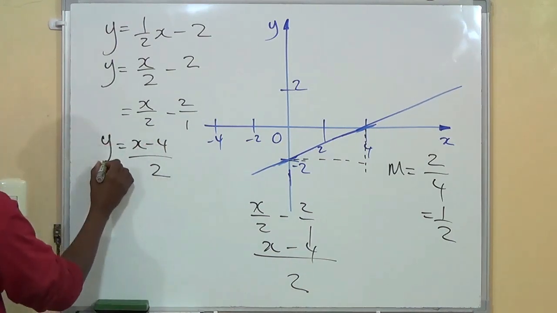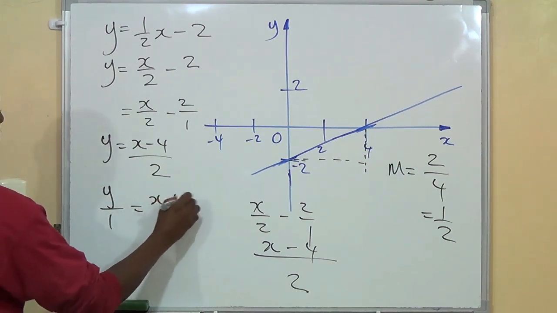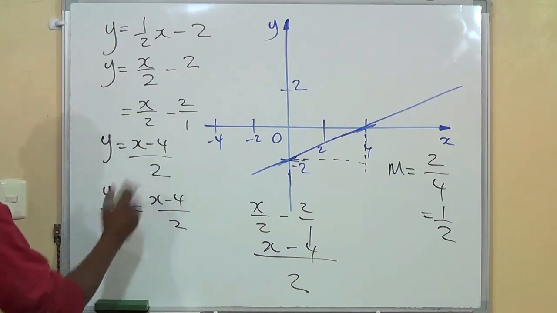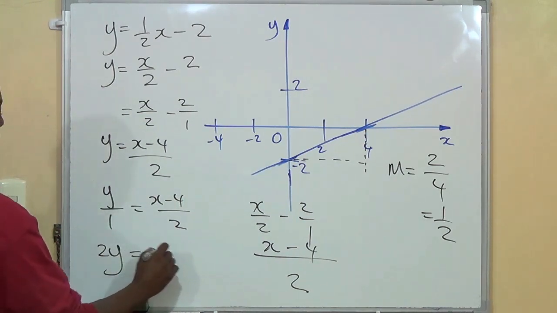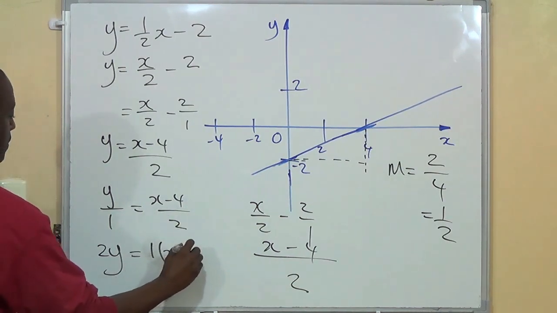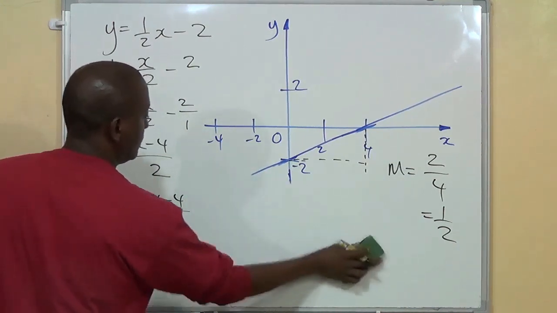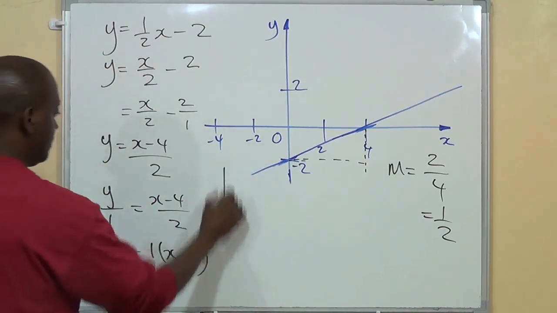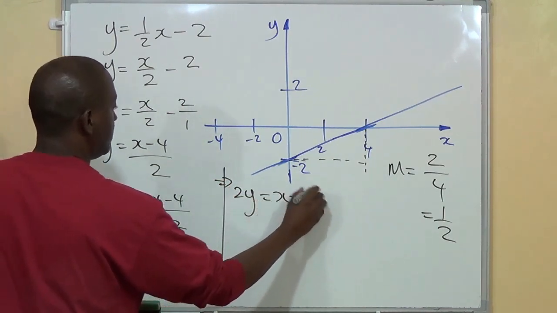And now you could express this as y over 1 is equal to x minus 4 over 2, which means that you could then cross multiply and you'll get 2y is equal to 1 into x minus 4. I'll write it here just for explanation's sake. And therefore, you'll get 2y being equal to x minus 4.